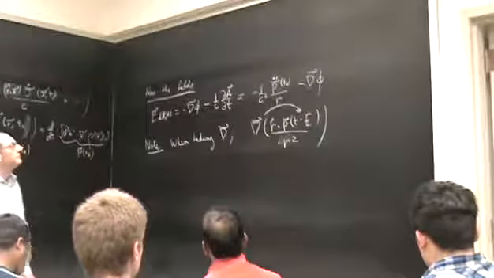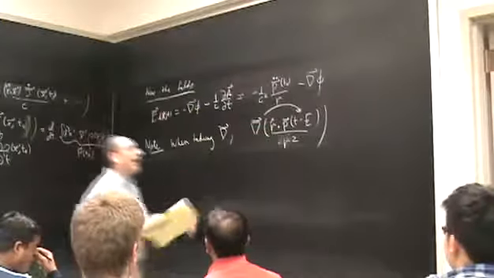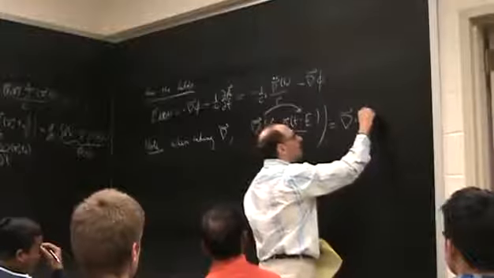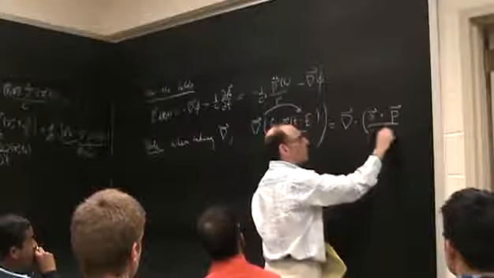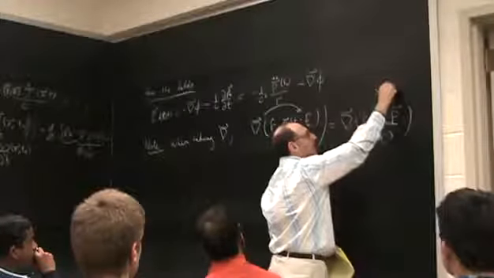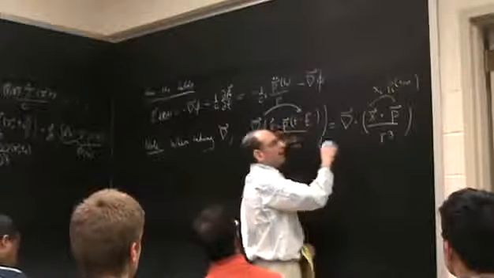Yeah? Do you have to worry about the unit vector because it's... Well, we've got to write that out. Remember, how would I do this? I would take this as the gradient of x dotted into p over r cubed. Write this as x_i p_i evaluated at the retarded time.